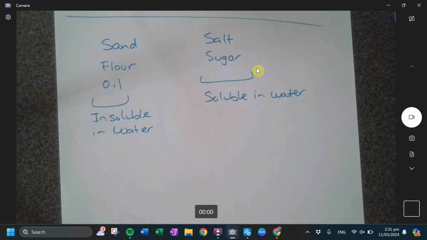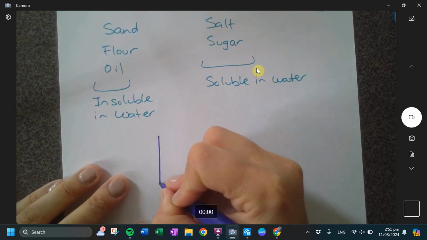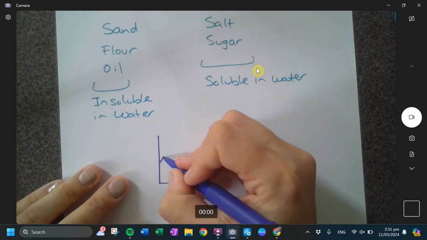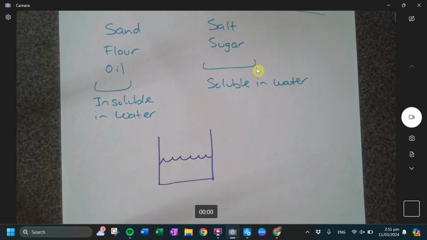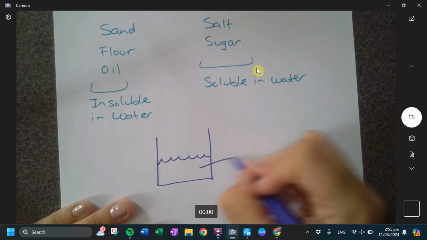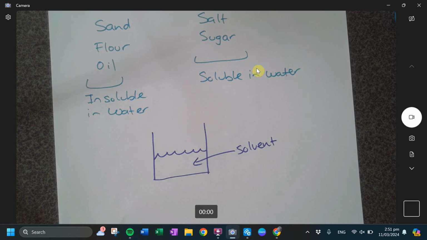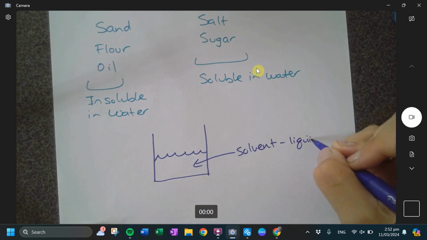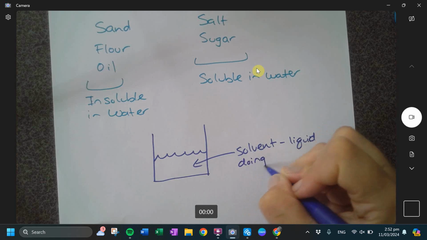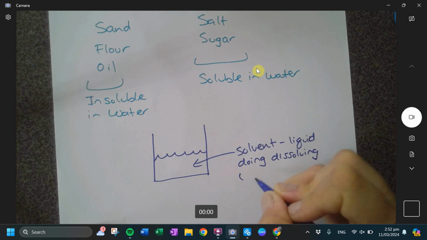So some other things to think about is the terminology when we are talking about solubility. If you had a beaker, the item that is the liquid, most commonly water, is the solute or the solvent? Solvent. All right, so that is the liquid doing the dissolving, often water.